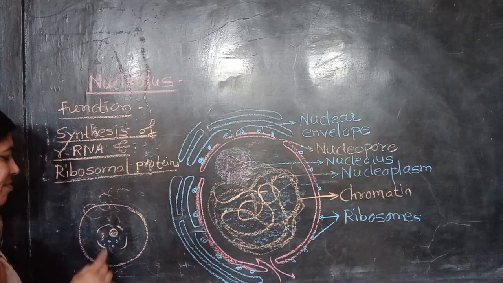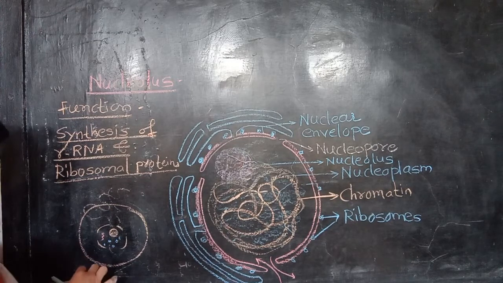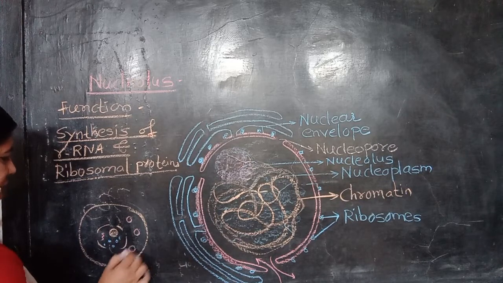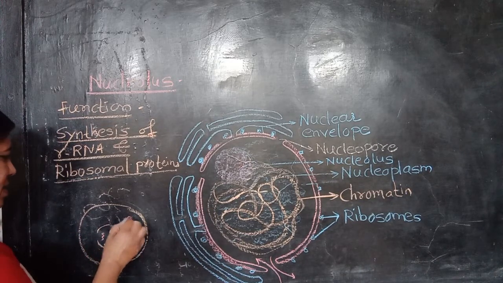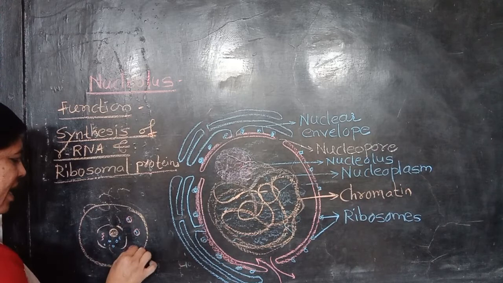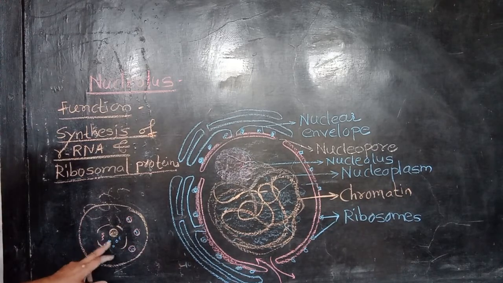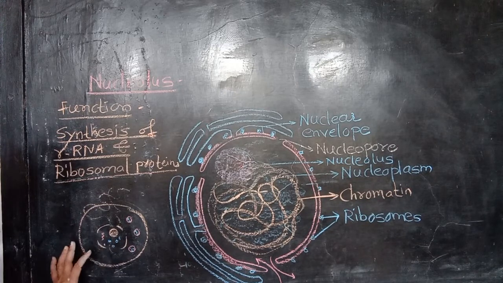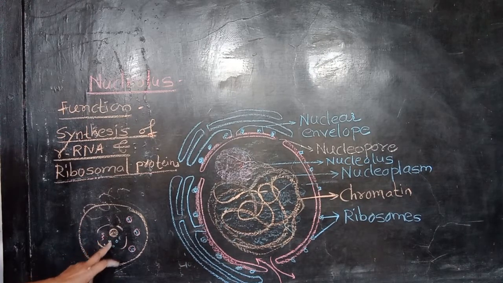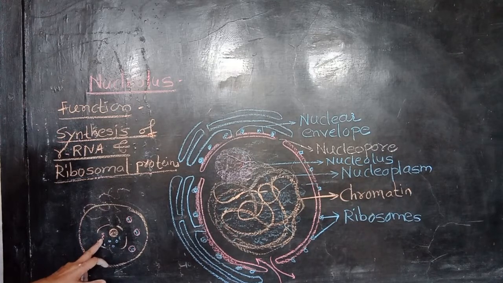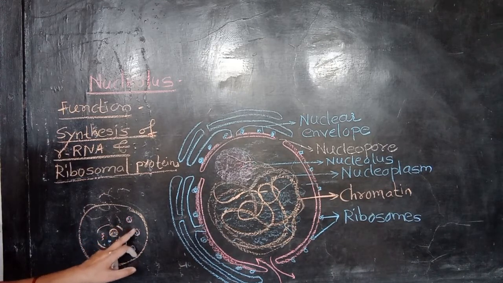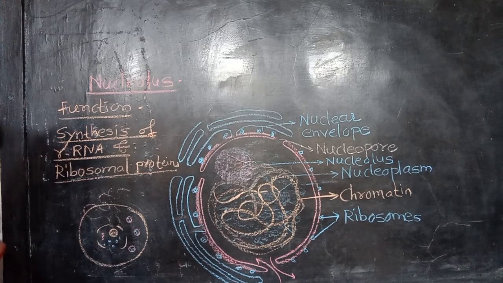Assembled means they bind to each other to form a ribosome like this. So this is the ribosome, and in the ribosome rRNA is present. So ribosomal protein and rRNA are produced separately inside the nucleus by the nucleolus. Then rRNA and ribosomal protein move out, enter into the cytoplasm and assemble together to form the ribosome.